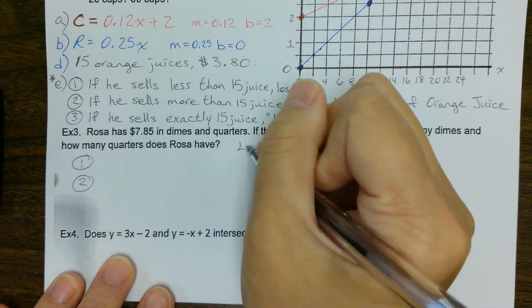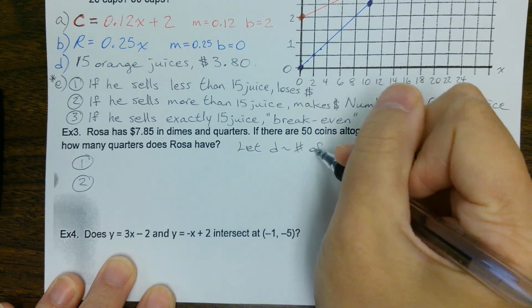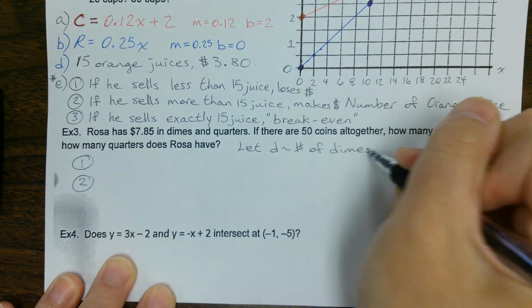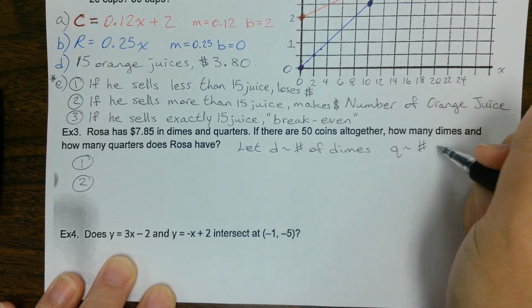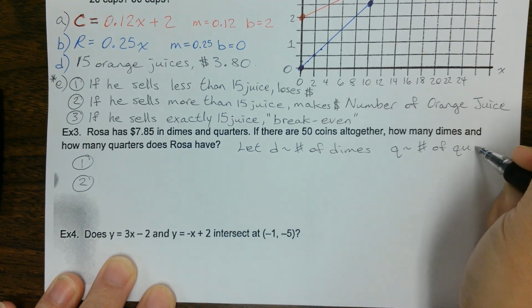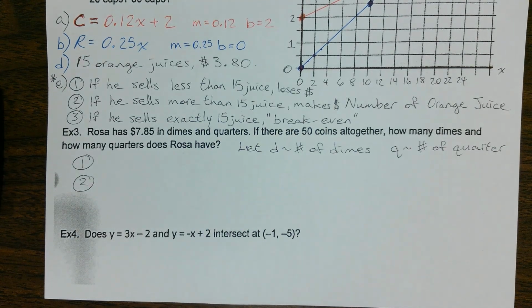Okay, so if I say let D represent the number of dimes and Q represent the number of quarters, can someone tell me my first equation?